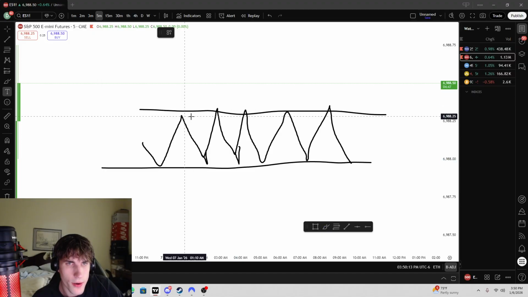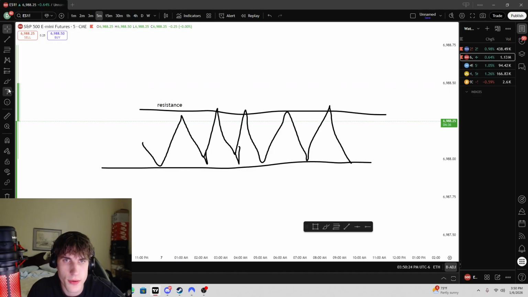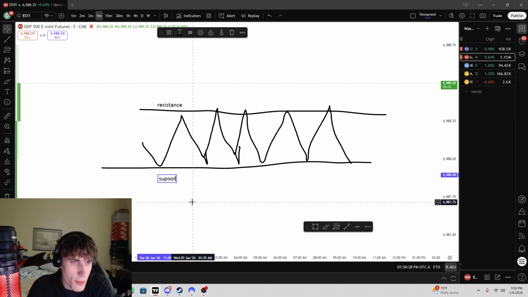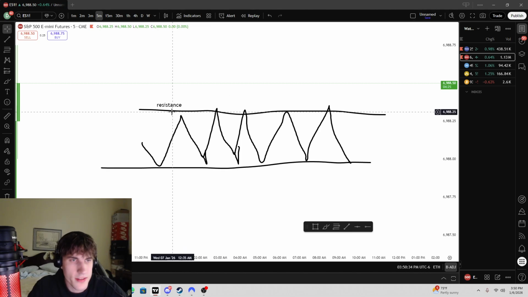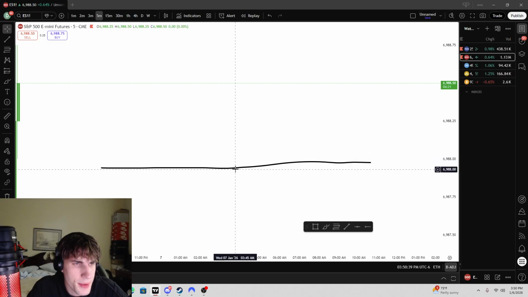This is called a resistance because price is using this level and rejecting from it. So it's clearly resisting it. And this is a support because every time price touches this level, it bounces off. Okay? Pretty simple. Support and resistance isn't really that hard to grasp.